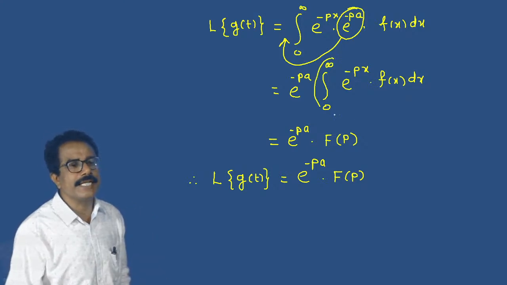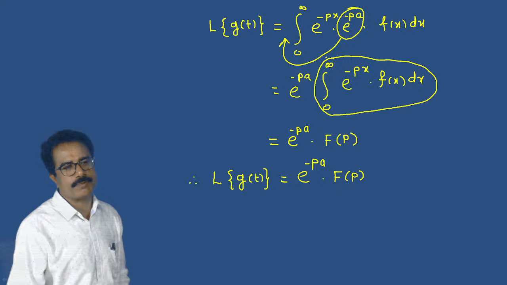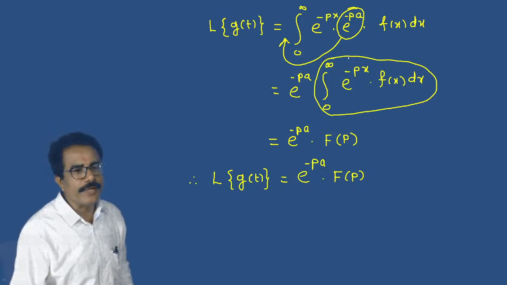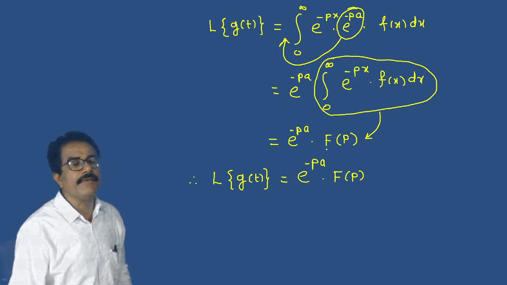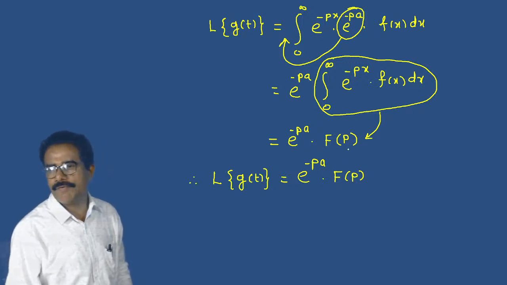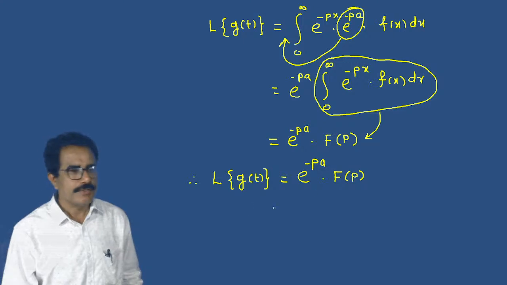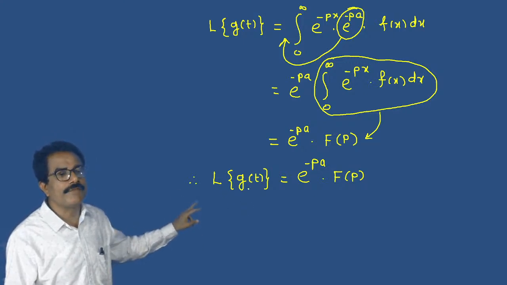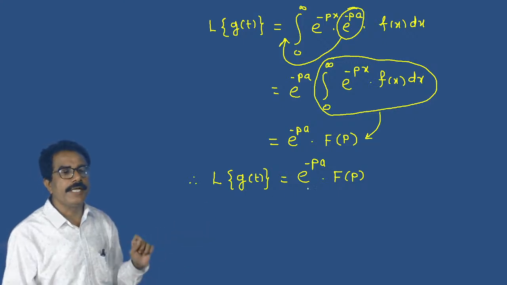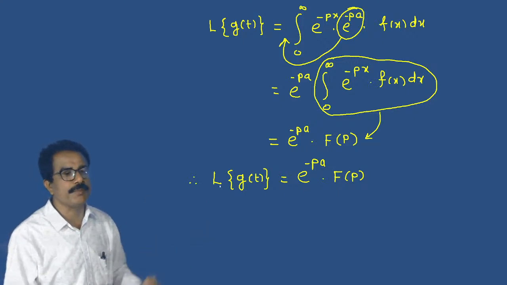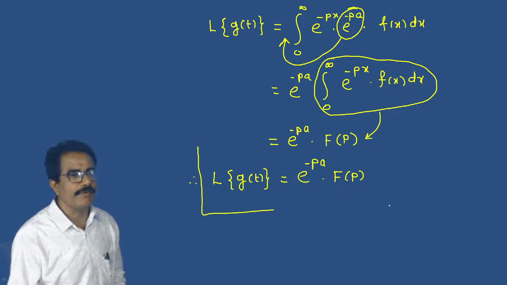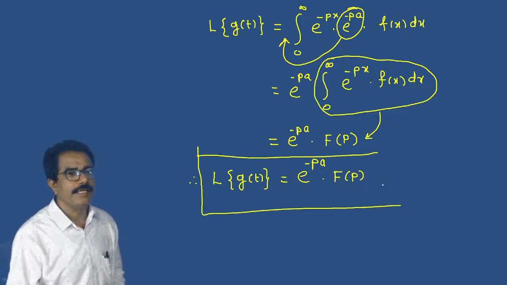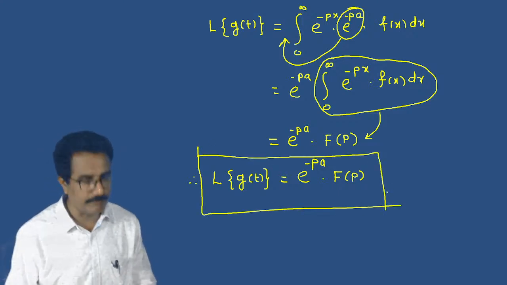Now this is the definition of the Laplace transformation, so we can write this as capital F of p. So the Laplace transformation of g of t is equal to e raised to minus pa into F of p. This is the second shifting theorem, you must know.